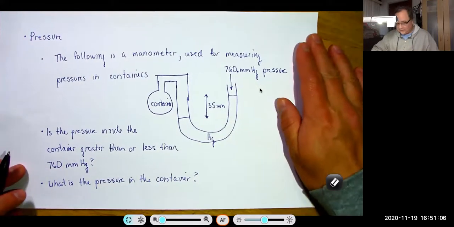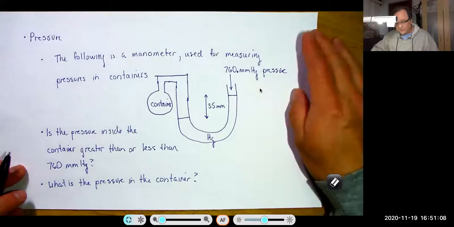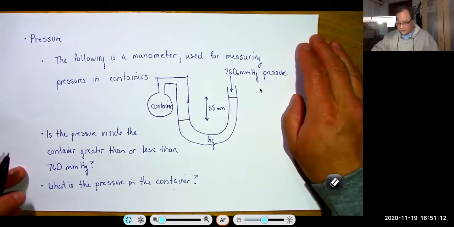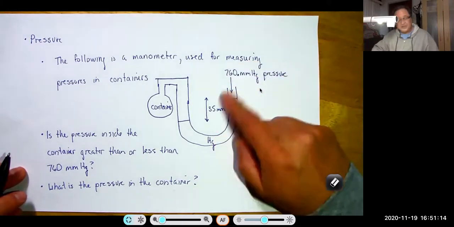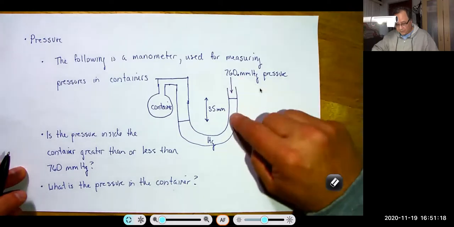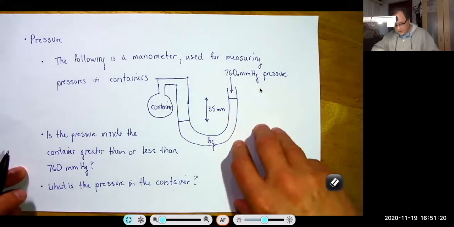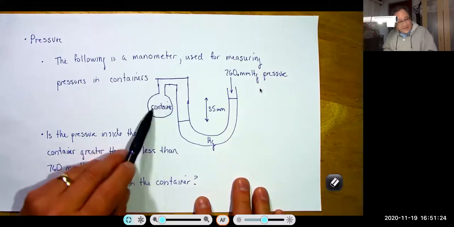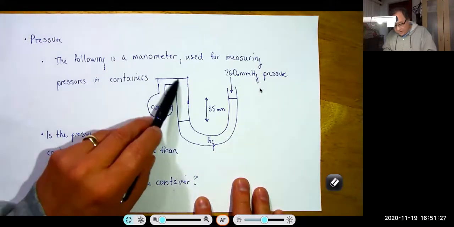So we're going to pretend there's exactly, well, 1.00 atmospheres of pressure pushing down, which is 760 millimeters of mercury of pressure pushing down on the mercury inside of the container. So here we have the container, which is closed, and it's a gas, and it's pushing down on the other side.